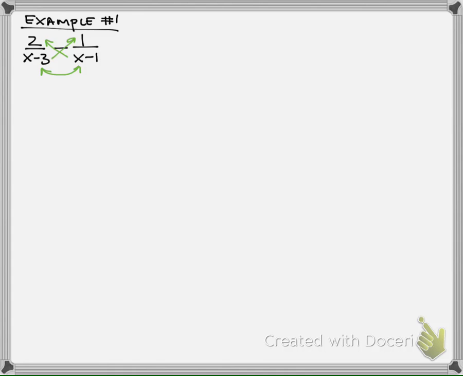So I end up getting 2 times x minus 1 minus 1 times x minus 3, all over x minus 3, x minus 1. So in this case, we see that I can distribute the terms in the numerator.